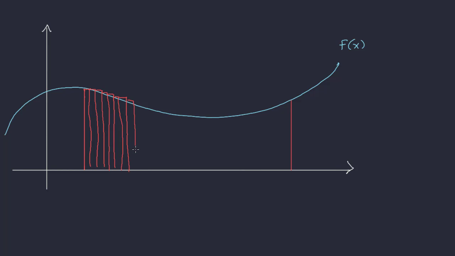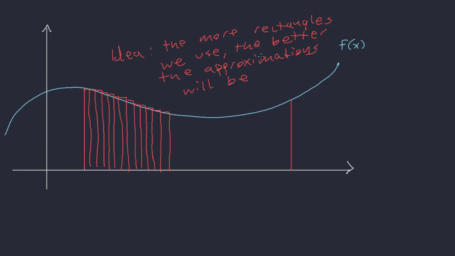What we hopefully see is that the smaller the bases of the rectangles get, the more rectangles we will have, and the better the approximation is going to be, because our overestimates, we have maybe more of them, but they are all much smaller. So the idea, okay, is the more rectangles you use, the better our approximations will be, and the better the right-handed estimate, the left-handed estimate, and the midpoint estimates will agree with one another. They'll get closer and closer as we use more and more rectangles.